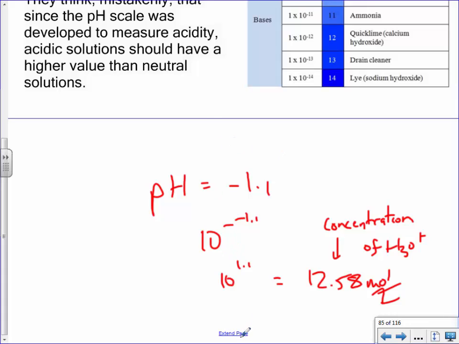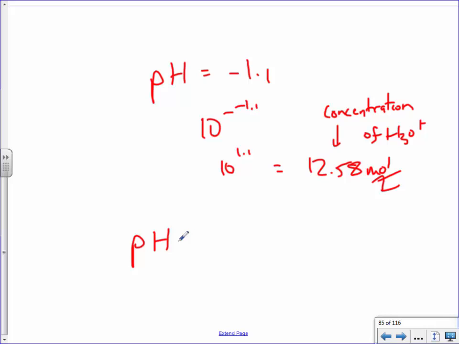Let's try the opposite. Let's say that we give you a pH that's beyond 14. So that would be like, I don't know, 15, pH equals 15.3. What does that mean you'd do? You'd go 10 to the minus 15.3.